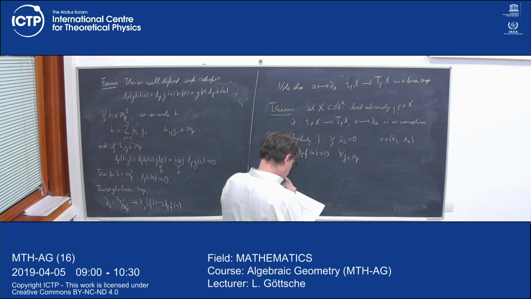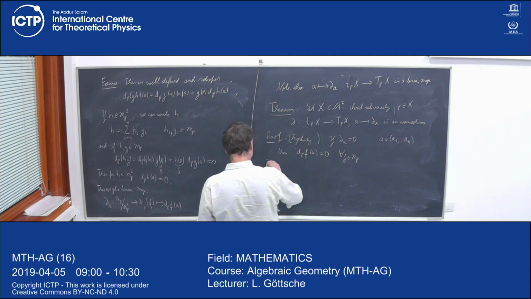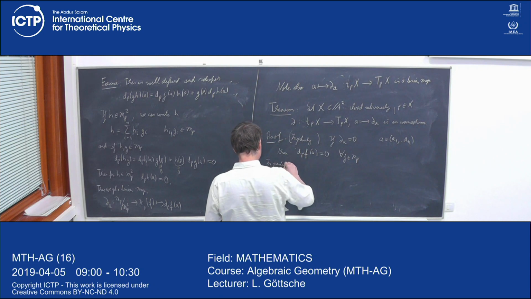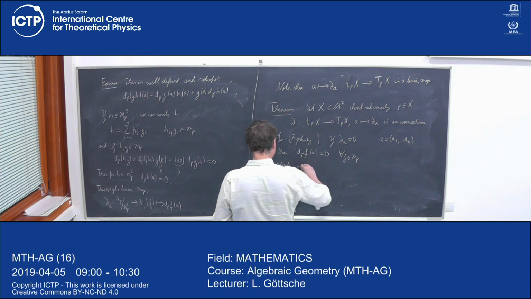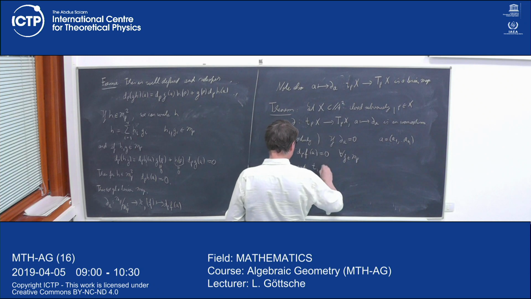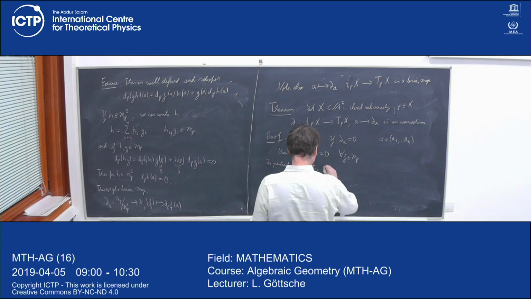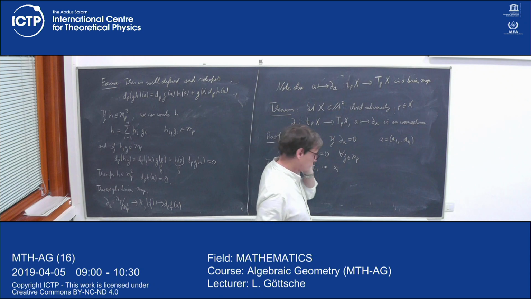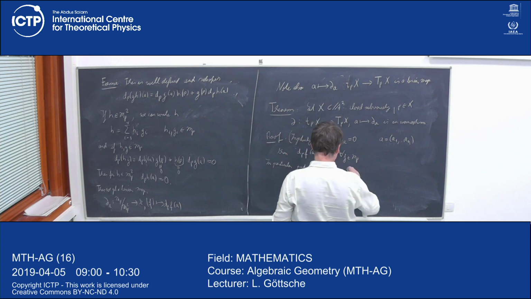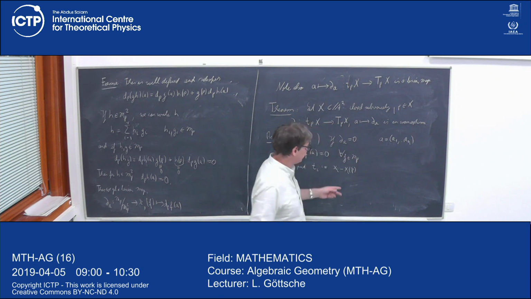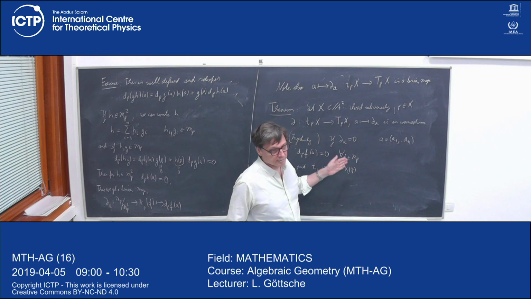And so, in particular, put T_i to be the ith coordinate x_i in A^n minus its value at P. So in other words, if P is equal to (P_1, ..., P_n), it's just x_i minus P_i.